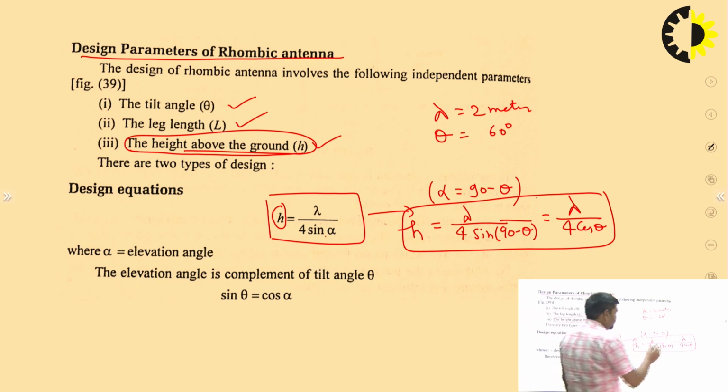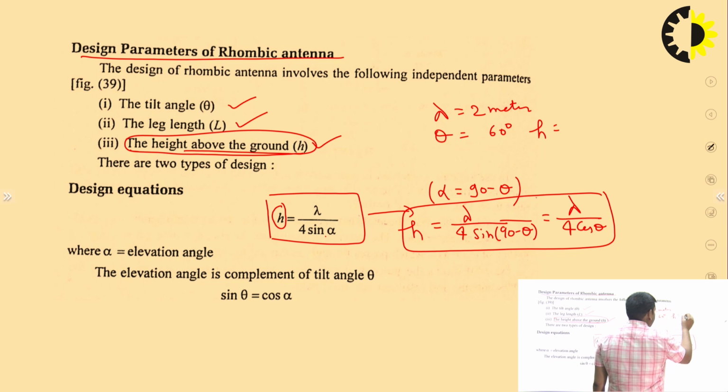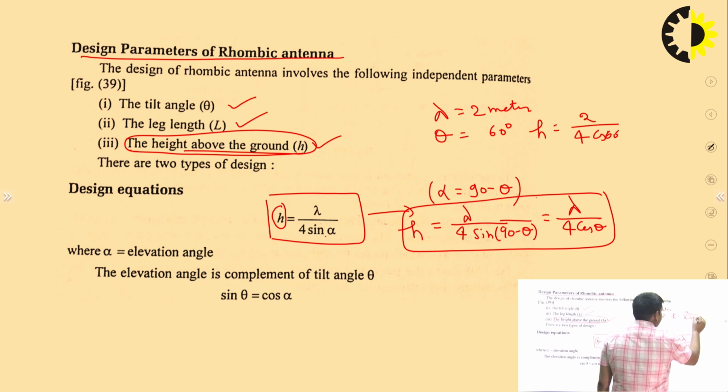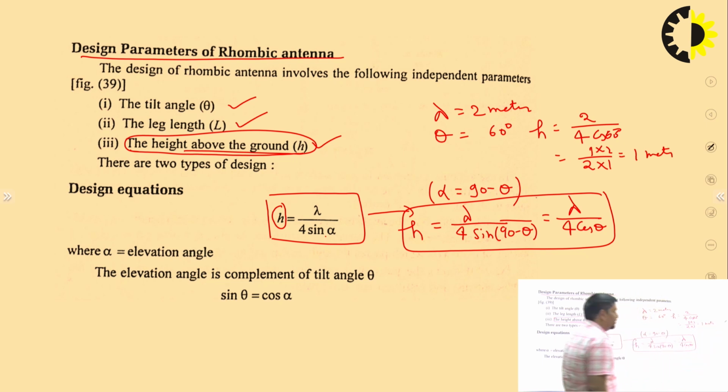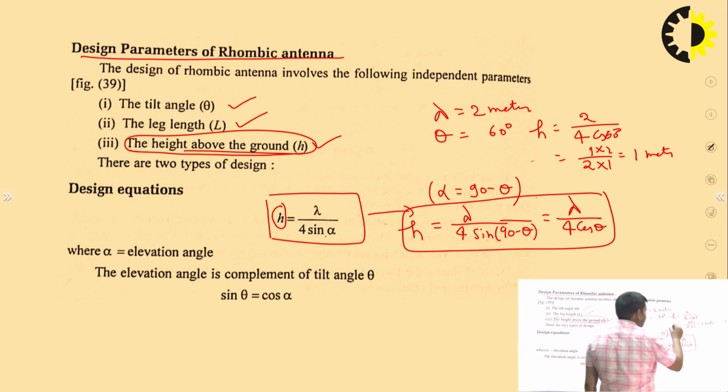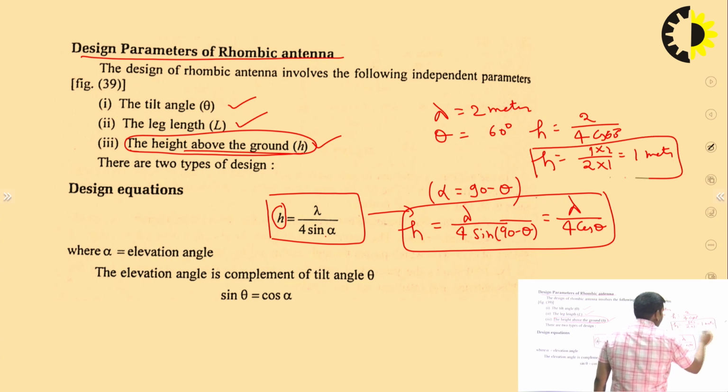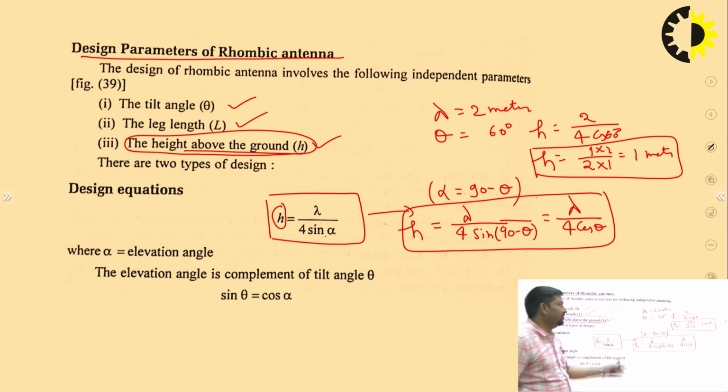We easily calculate: 2 upon 4 cos 60 degrees, and cos 60 is 1 by 2, so h is 1 meter for a wavelength of 2 meters.